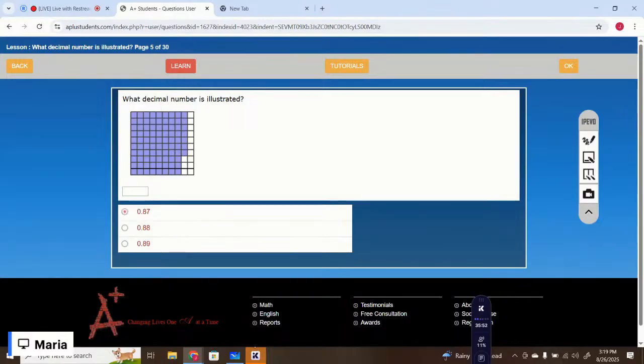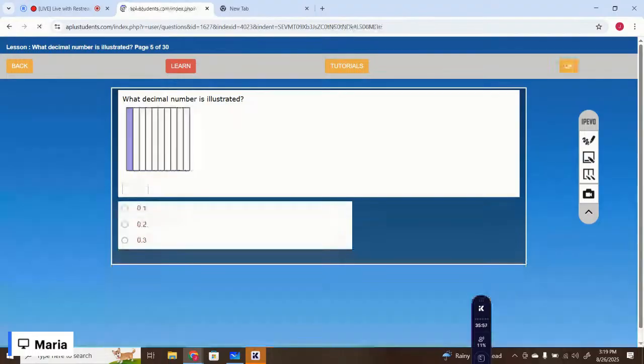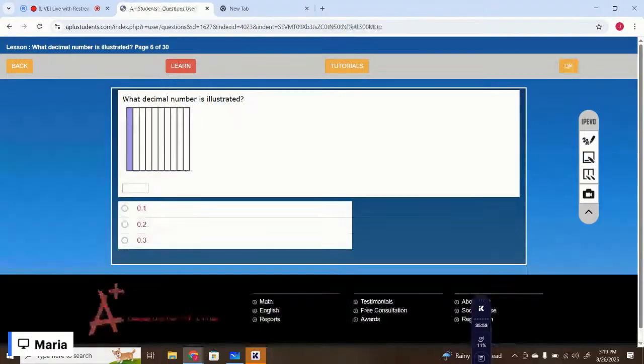That is 0.87, not 88. What decimal number is illustrated?